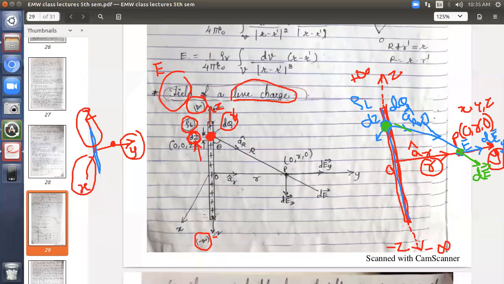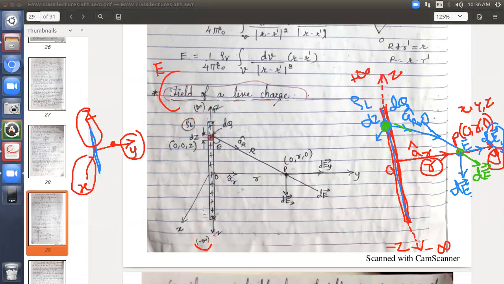Can anybody tell me what is this vector? It was along the y direction, so I have taken dE suffix y. What suffix should I use here? Z. Tayyaba, very good.